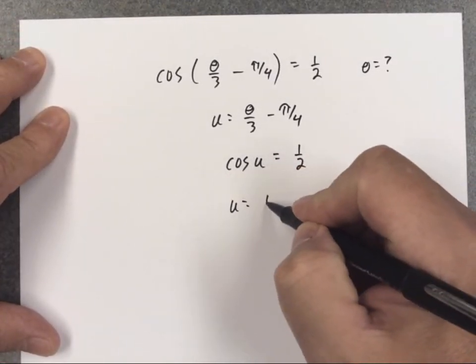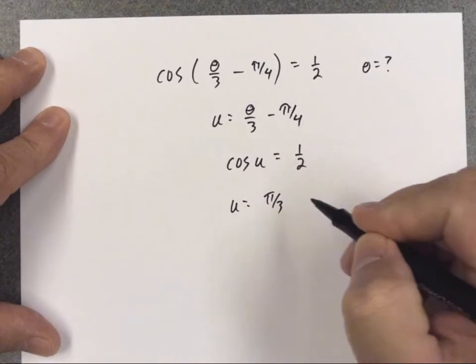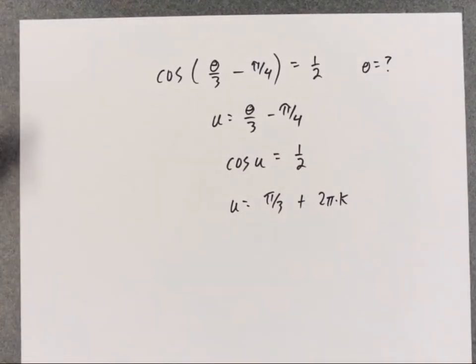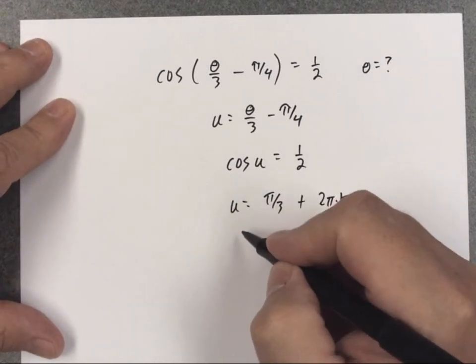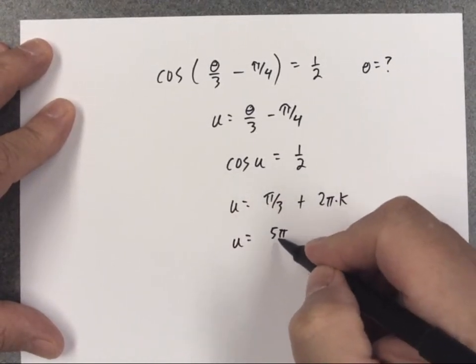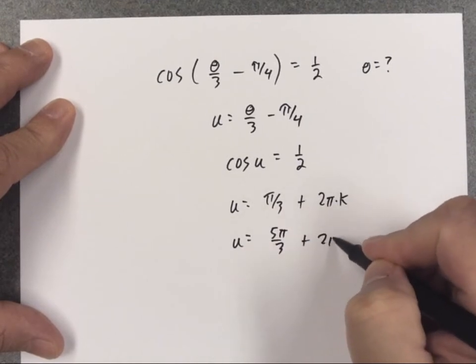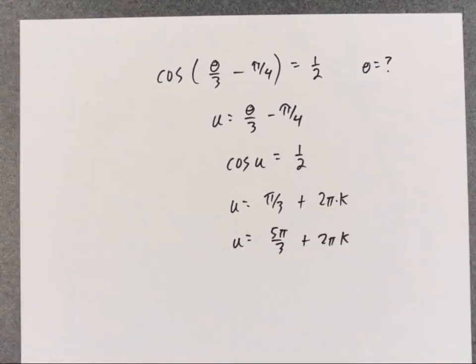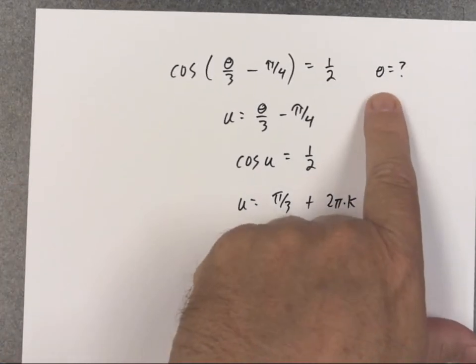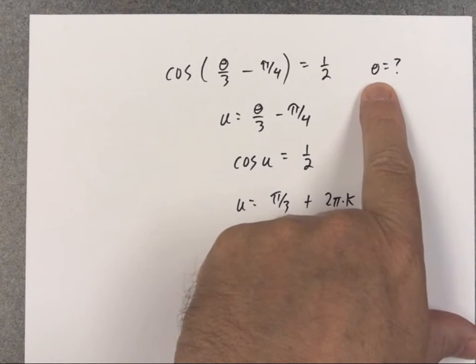The first one is pi over 3, and of course I have to do the general equation. But then there's another one in the fourth quadrant, 5 pi over 3. So these are my solutions for u, but of course that's not really what I want. In the end, I want a solution for theta.